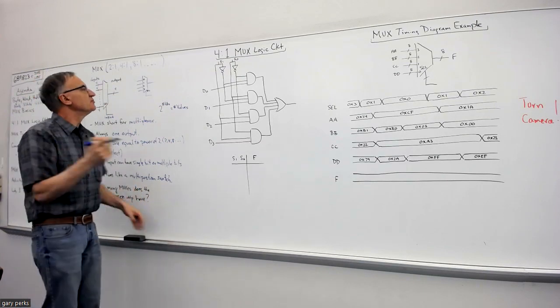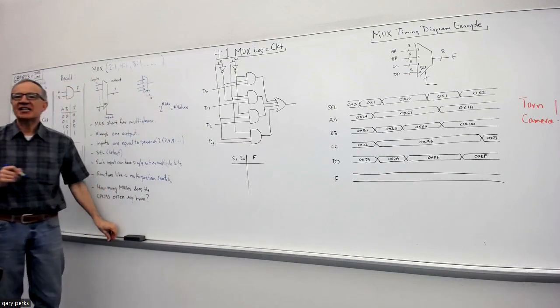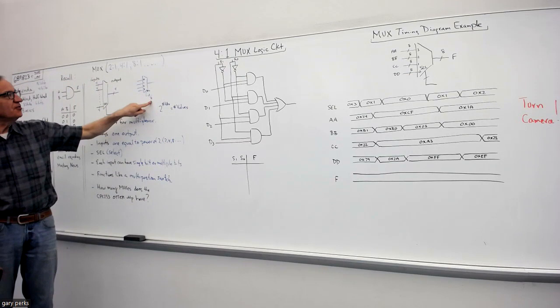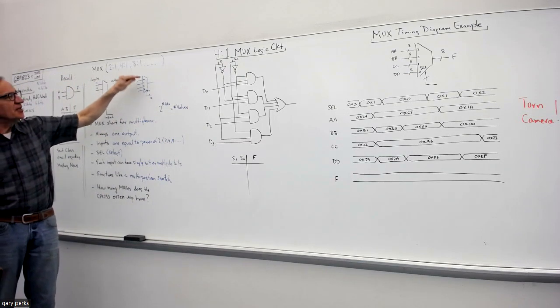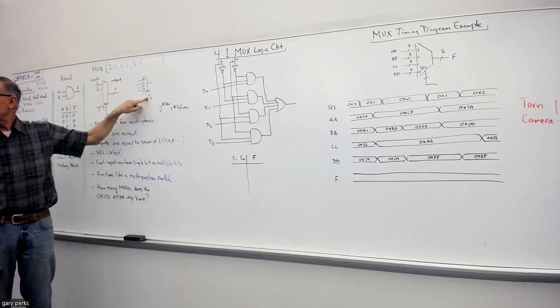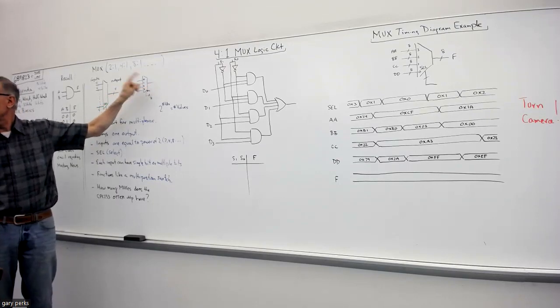So when the select bits are 0, 0, the data on the 0 input is connected to the output. When they're 0, 1, a binary 1, then the data on the 1 input is connected to the output, and so on.